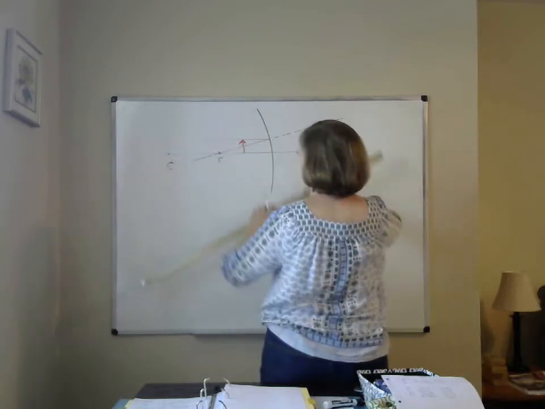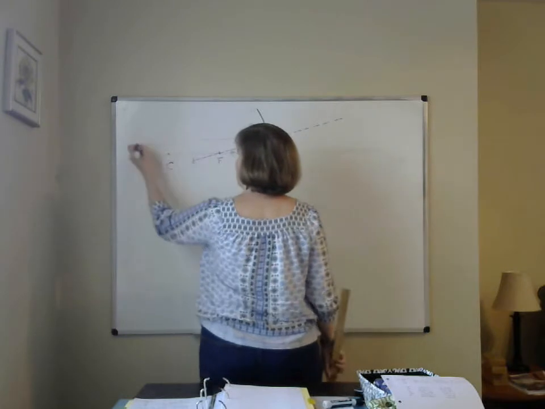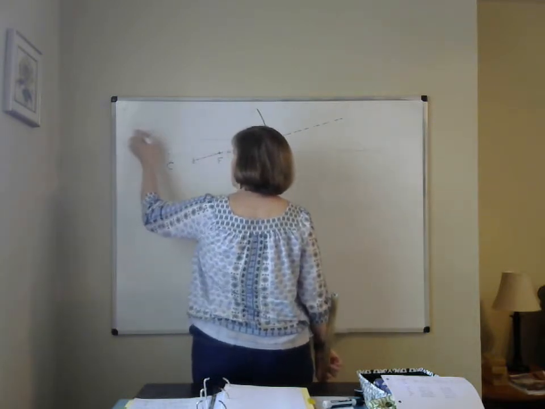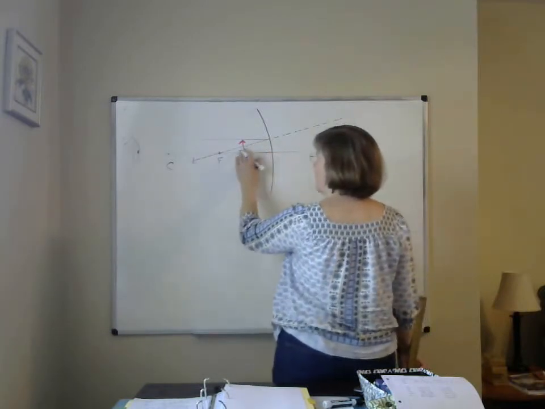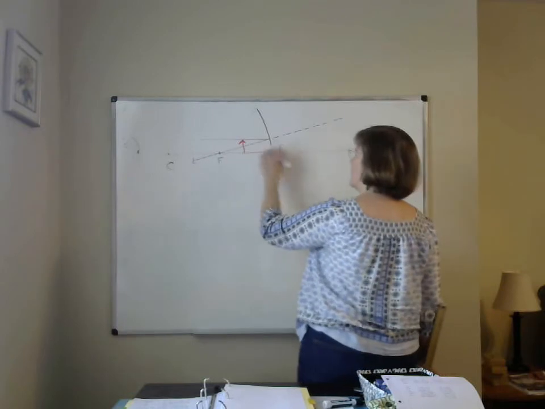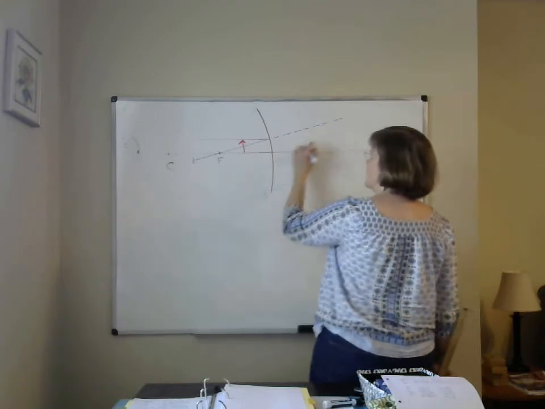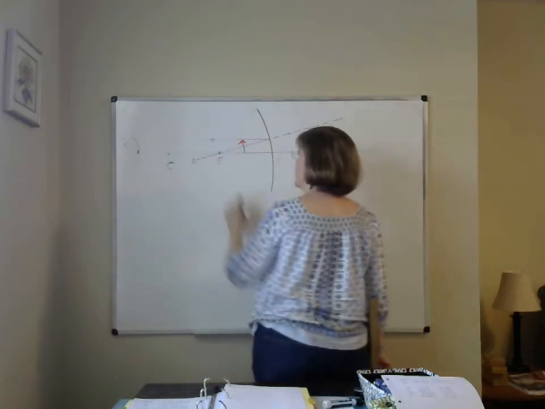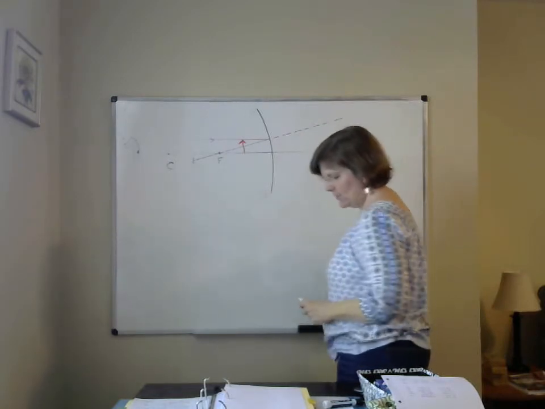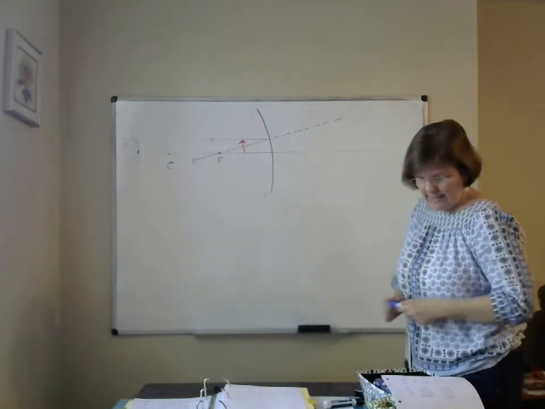Now, if you're back here looking at your picture of yourself or whatever, your eye only sees the direction that ray is coming from. It can't really tell where it originated. It sees it as if it's coming from there. That's one ray. Let's look at a second ray.